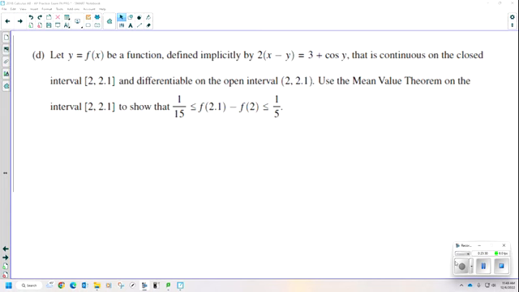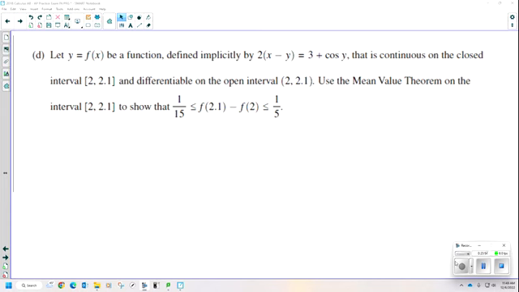The first interval of continuity was inclusive. The differentiability is not. That's not so important right now. Use the mean value theorem on the interval from 2 to 2.1 inclusive to show that f of 2.1 minus f of 2 is in between the values of 1/15 and 1/5 inclusive.